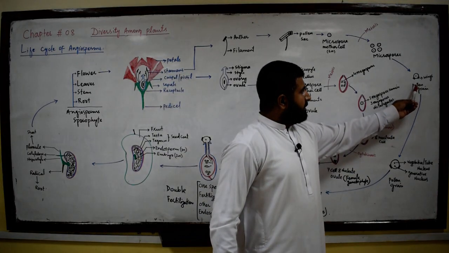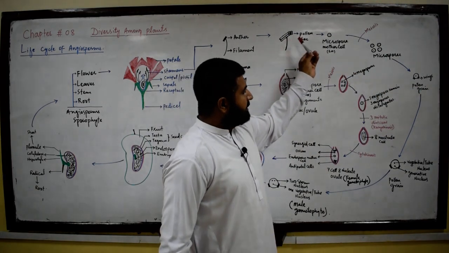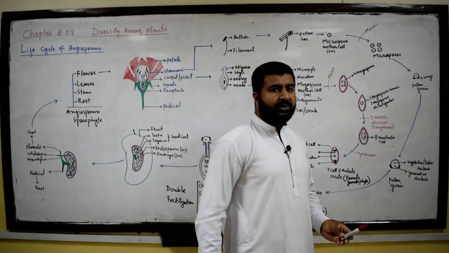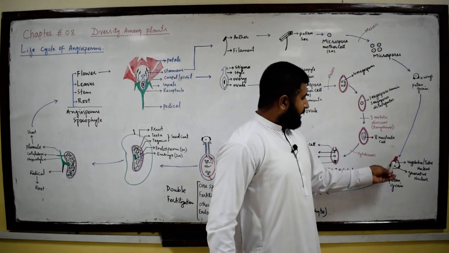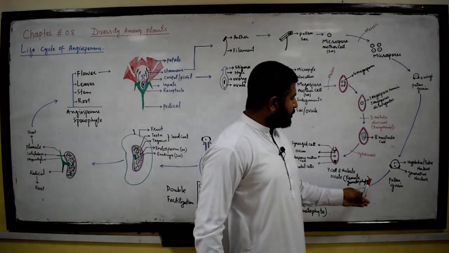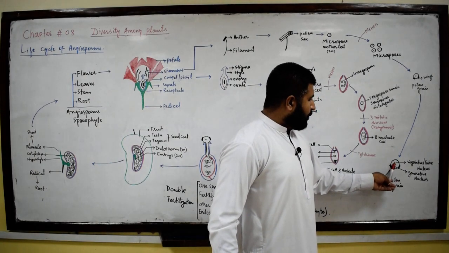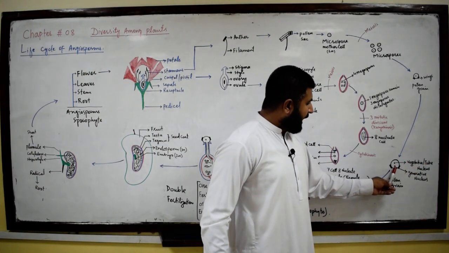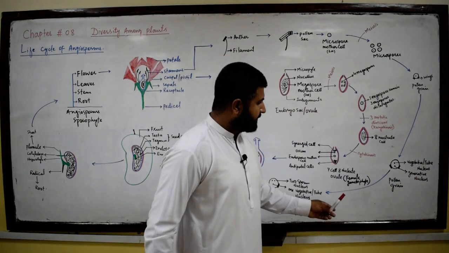When pollen grains are released from the anther, their nucleus undergoes mitotic division and only karyokinesis occurs. In the first mitotic division, the nucleus of the microspore produces 2 nuclei. One nucleus is known as the vegetative or tube nucleus and the other is called the generative nucleus.